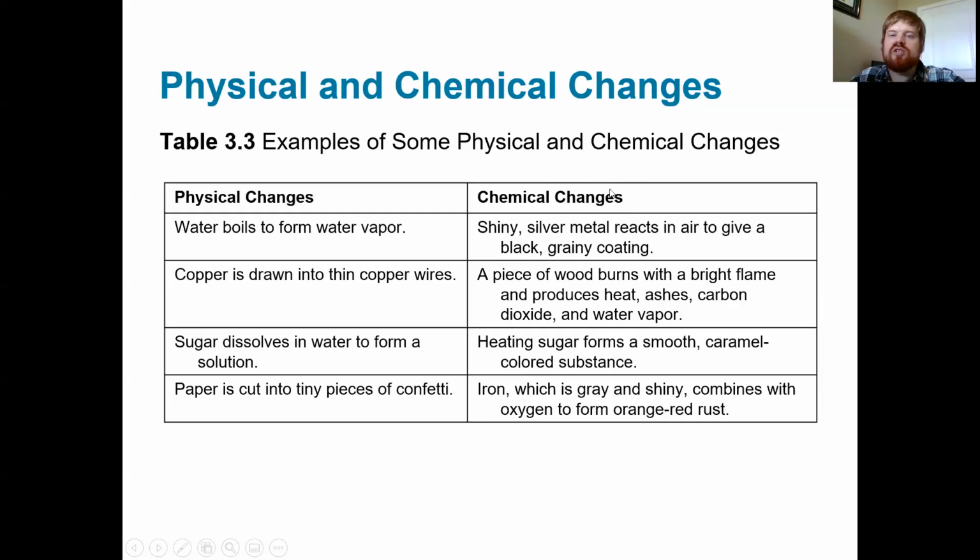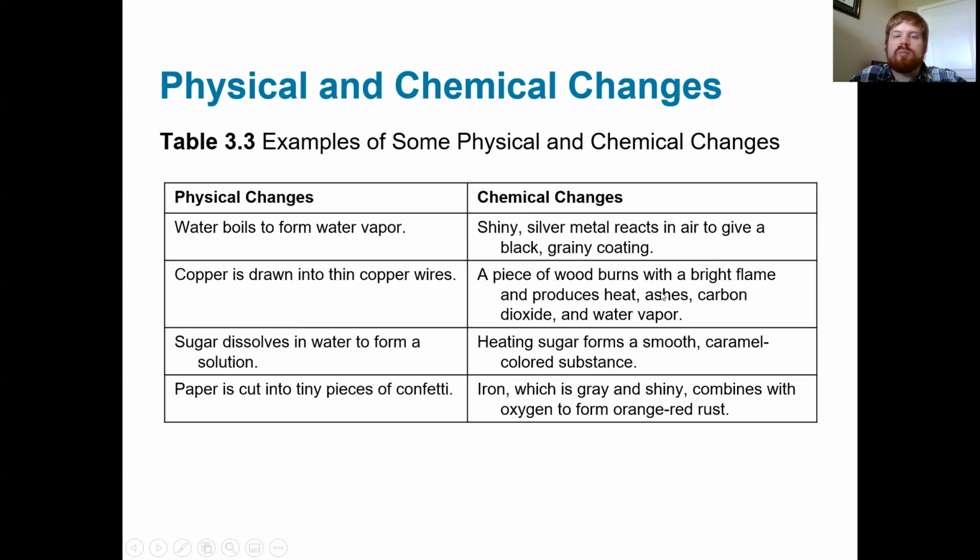Chemical changes, on the other hand, change the chemical identity of the substance. So a shiny silver metal might react in air to give a black grainy coating. Silver tarnishes, for example. That's a metal in the presence of air forming an oxide or a sulfide compound. So you start with your pure metal, and you end with a compound of the metal that has different chemical and physical properties.